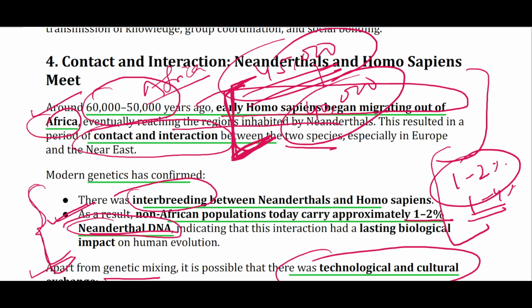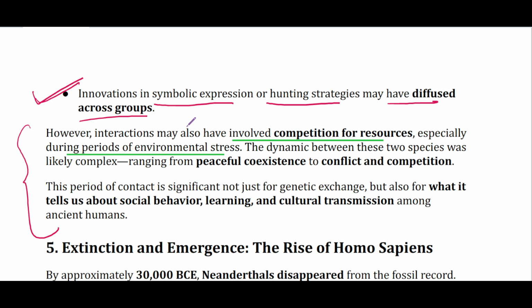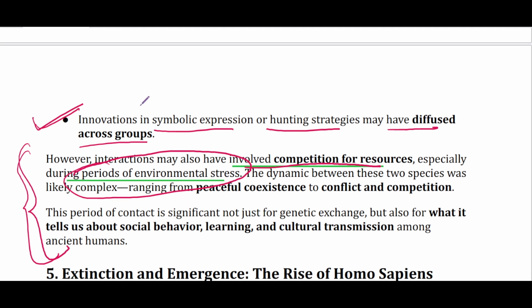So this cannot be a coincidence. So the ultimate answer is that it was because of the arrival of Homo sapiens that the Neanderthals went into extinction, and there might have been some competition for resources, because the final years of this Pleistocene epoch, around 40,000 years ago, were quite environmentally stressing.